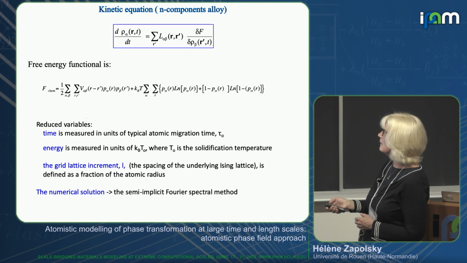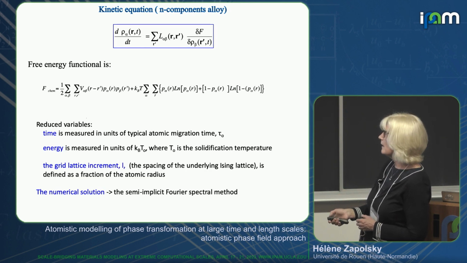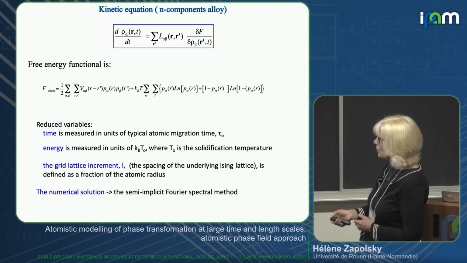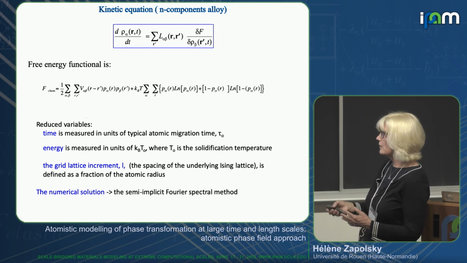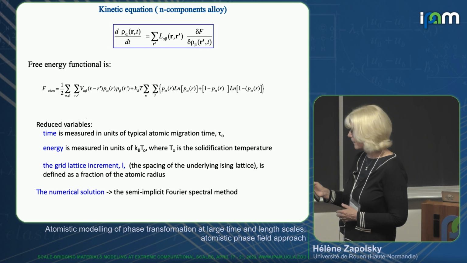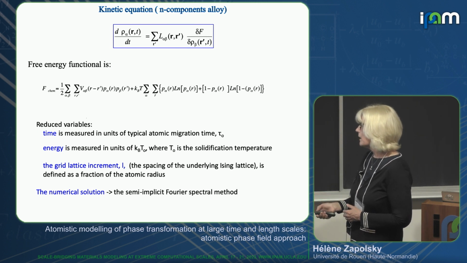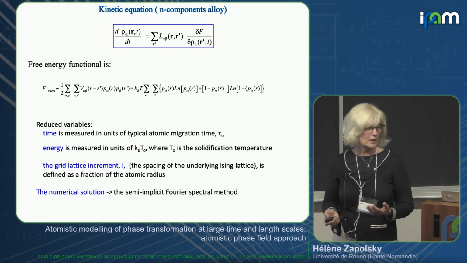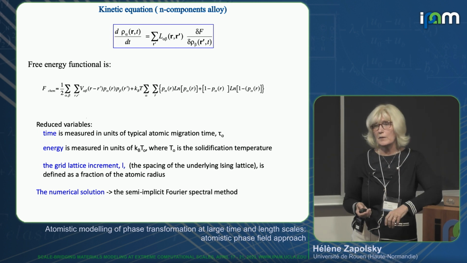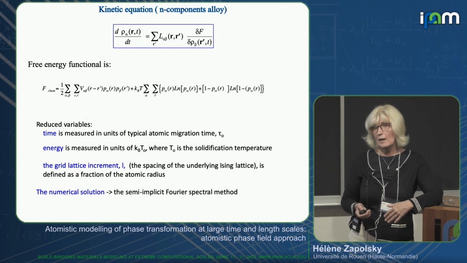The dimensionless parameters are: time is measured in typical atomic migration time, energy is in units of kBT0, where T0 is the solidification temperature, and the grid lattice is just a fraction of the distance between the atoms. We solve our equation using the semi-implicit Fourier spectral method, which is very interesting because we can parallelize our simulation and it's very fast.